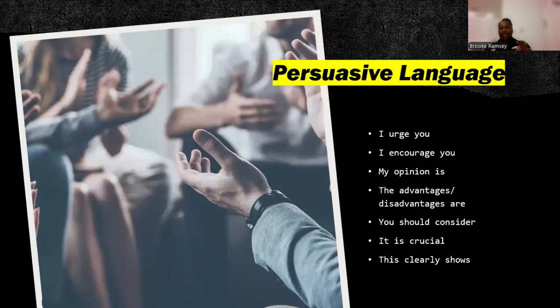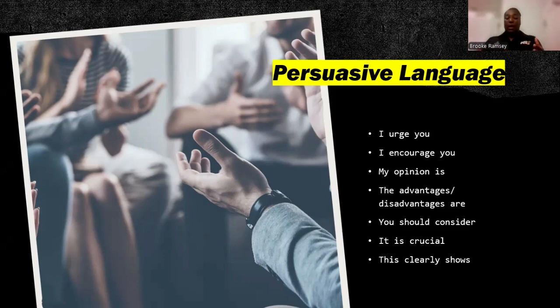I did say we're not going to use I, but some persuasive language is I urge you, I encourage you. When we use this language, we are mainly focusing on maybe using the I in our conclusion when we're trying to push our point at the very end of our essay.